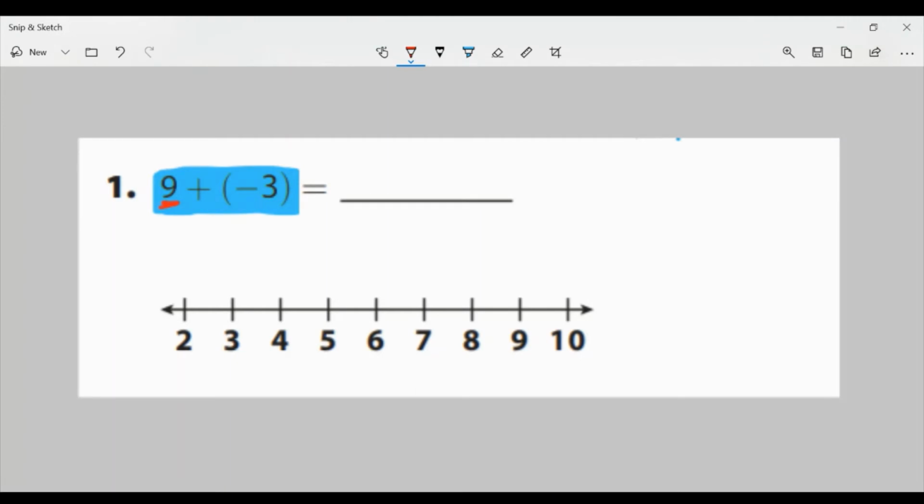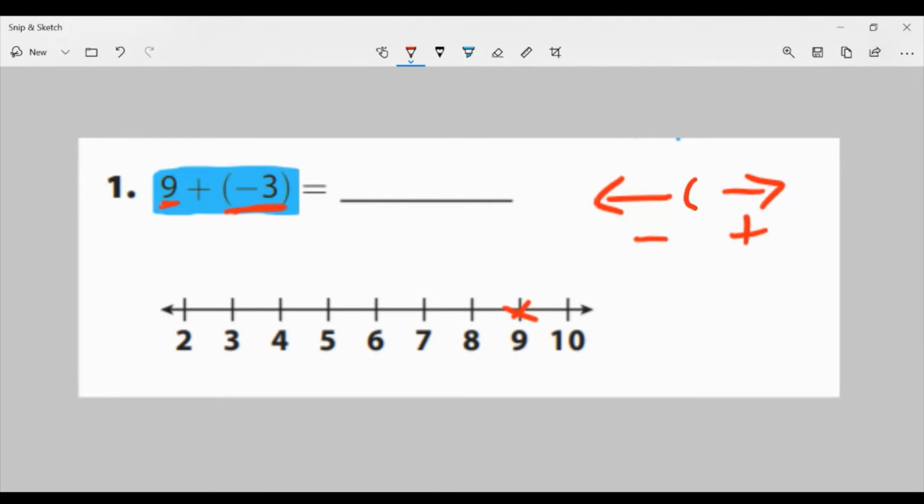That's where I'm going to start out on the number line. So I'm going to make a little mark here at positive 9. Now I'm going to use the next number, a negative 3. And remember what I said before, if it's negative, we go left on the number line. If it's positive, we go right, okay?